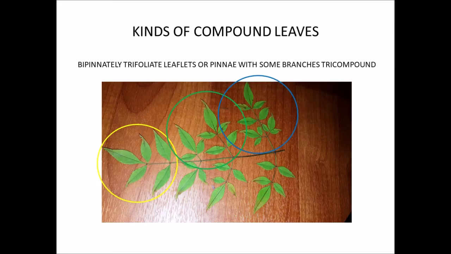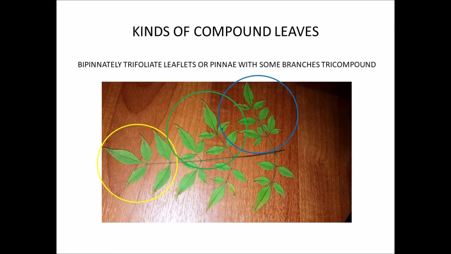Okay, if you move down the stem or rachis, you'll see in the green circle, you have leaves that have been divided a second time, and the upper or left hand side leaves are actually trifoliate, and the others are just pinnately divided. Okay, so that's the second division.